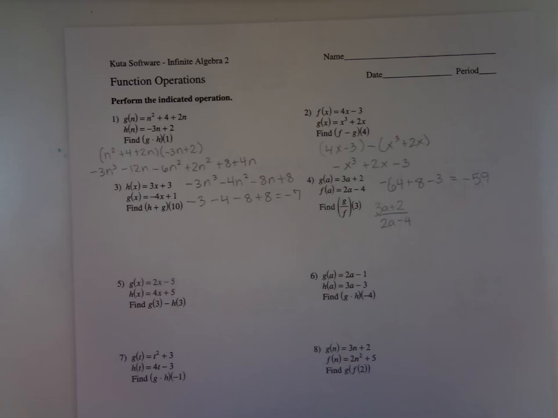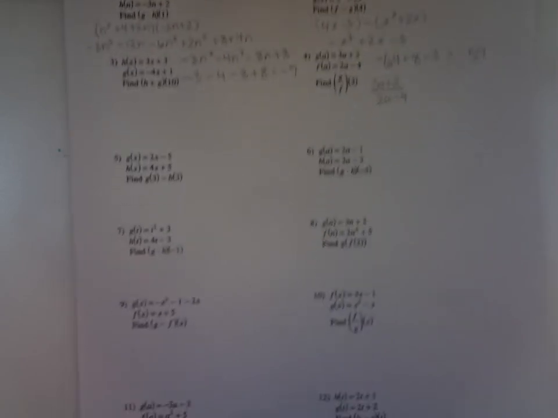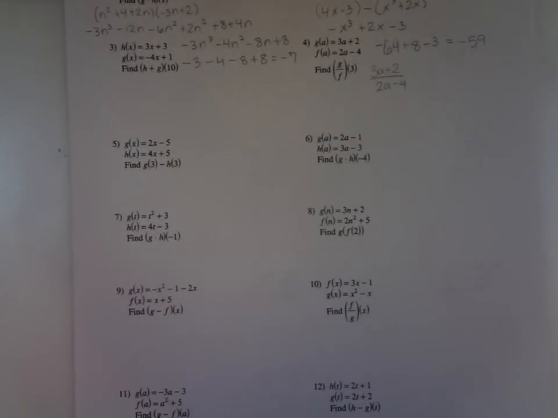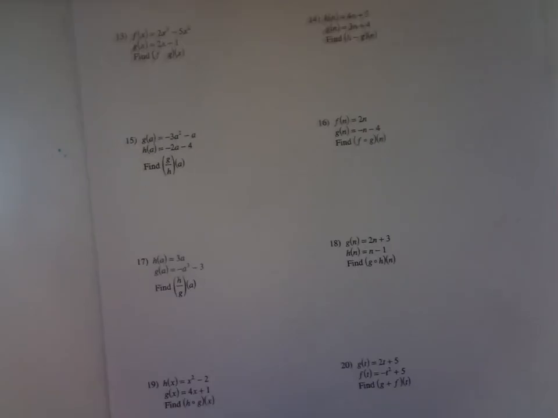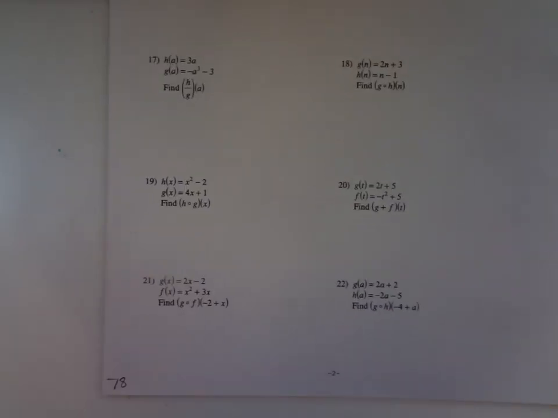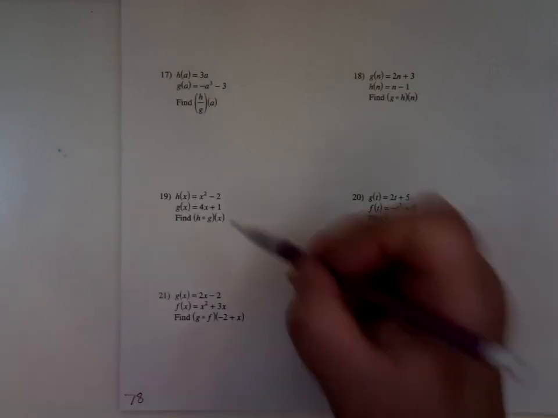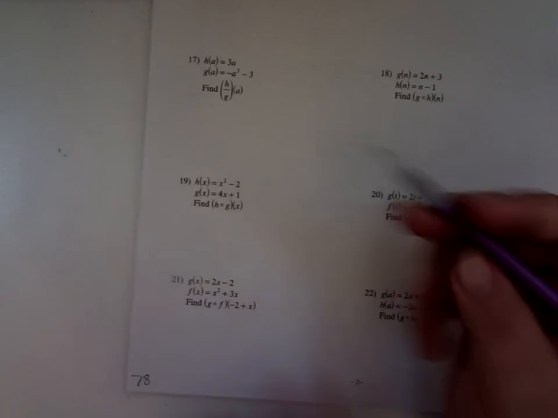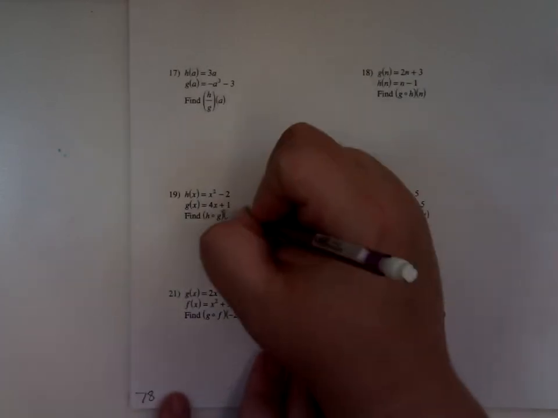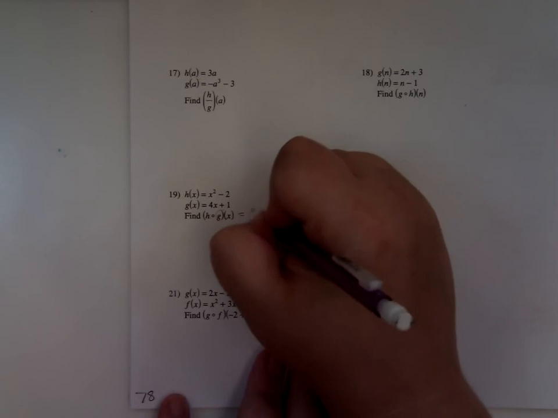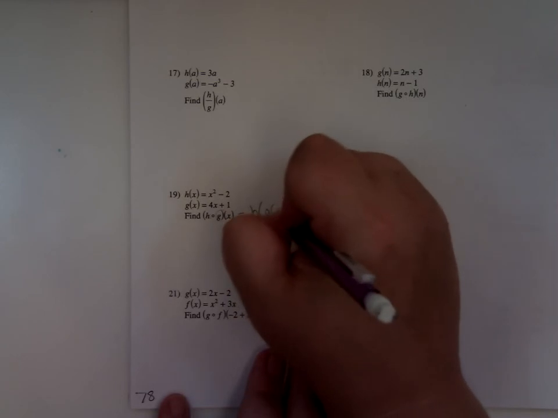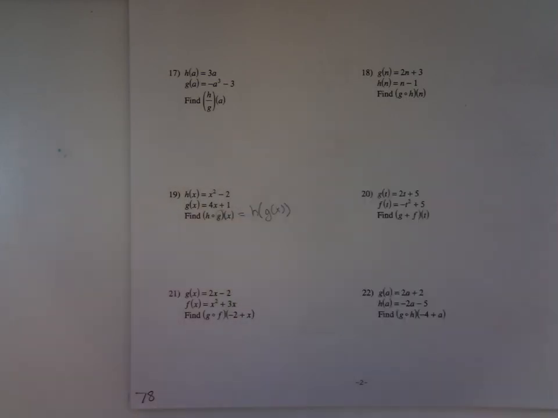So let's talk about composition of functions, which I believe we have on the back. Yes, we have a little bit. Okay. So h of g of x. What we're going to do is, wherever we see x in the formula for h, we're going to plug in g of x.